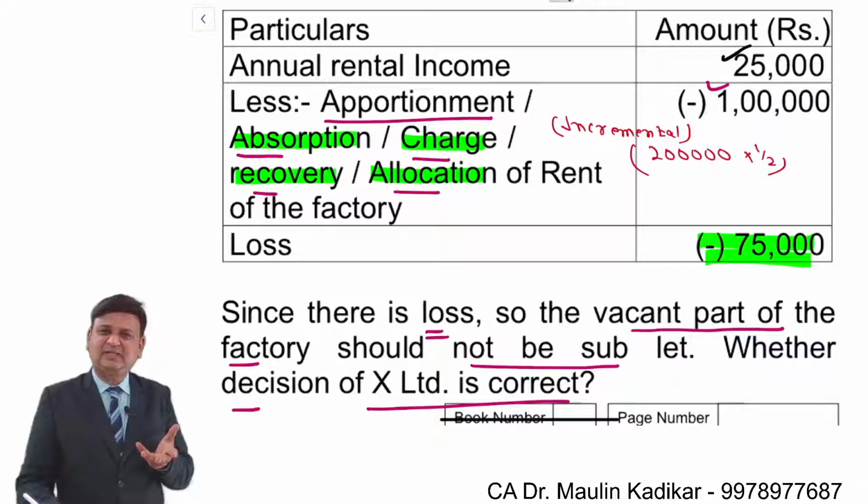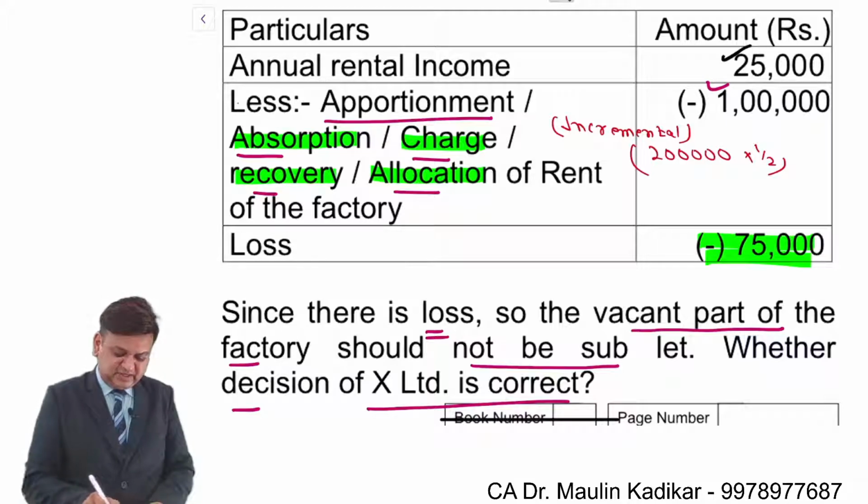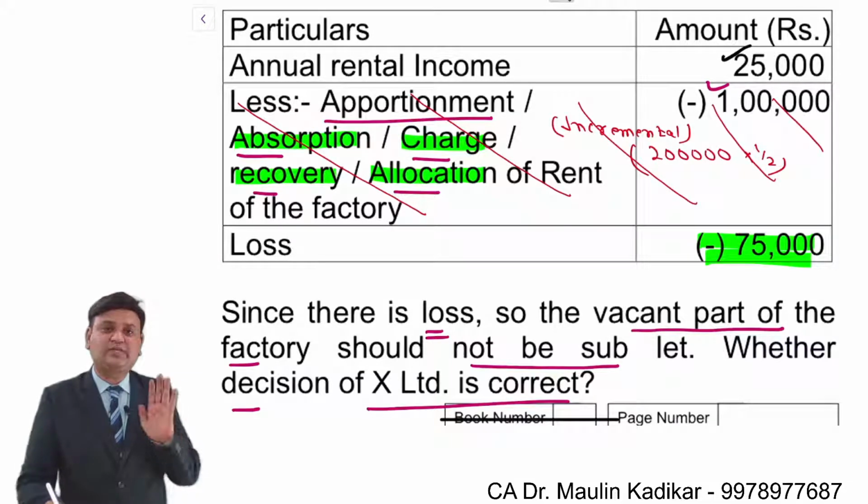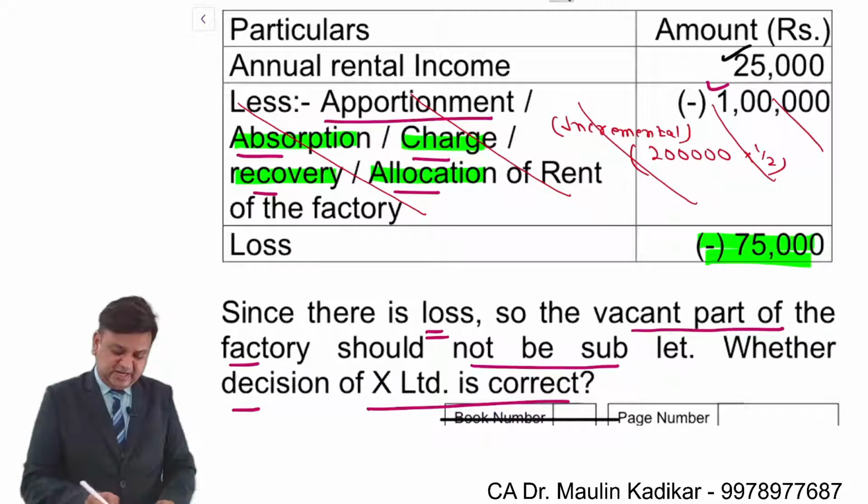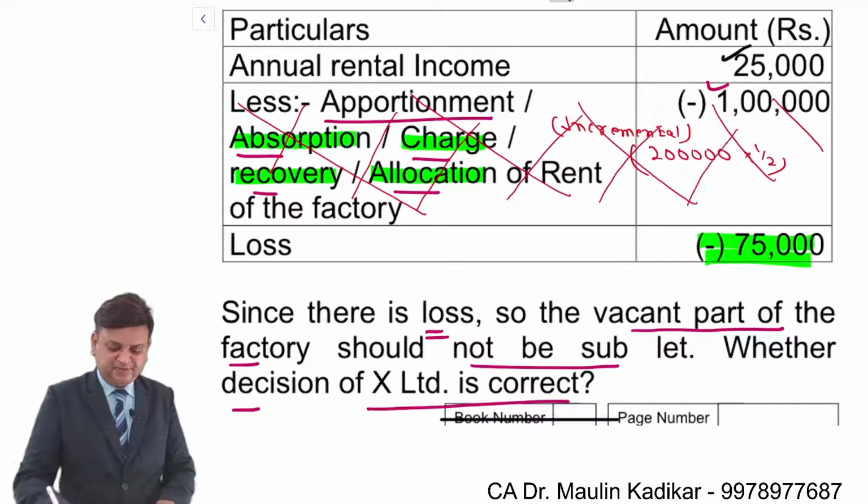So it should not be considered for decision making. We receive a rental income of 25,000 and for that there are no expenses. So any allocation, absorption, charge or recovery of overhead will be ignored for the purpose of decision making.